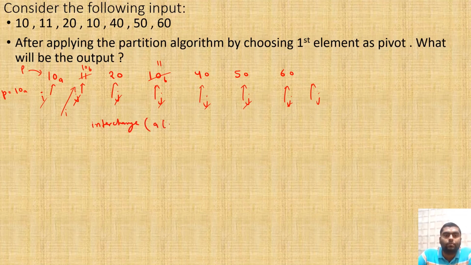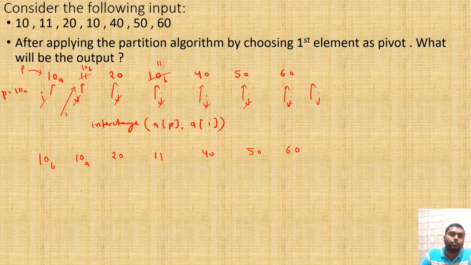After interchanging a of p and a of i, you will get 10b here, the new value is 10a, and here it is 20, it is 11, it is 40, it is 50, and it is 60.